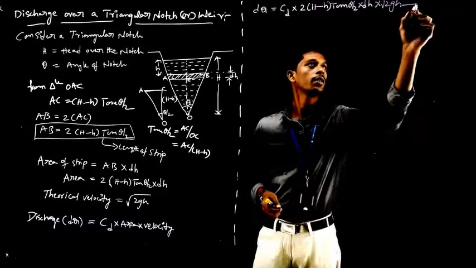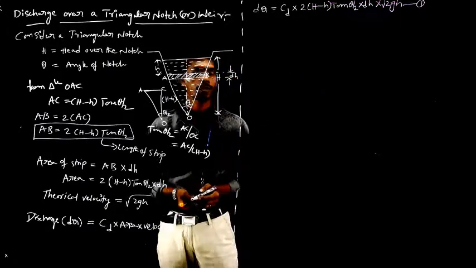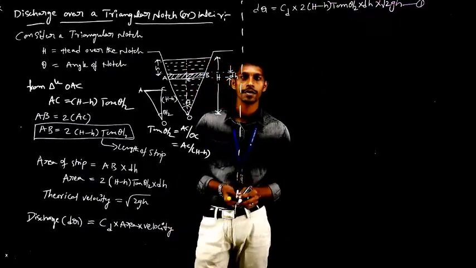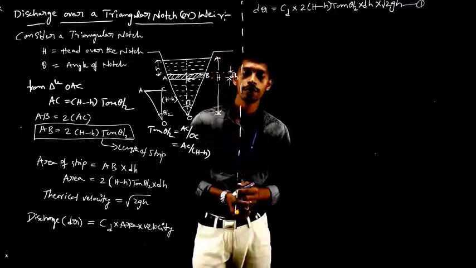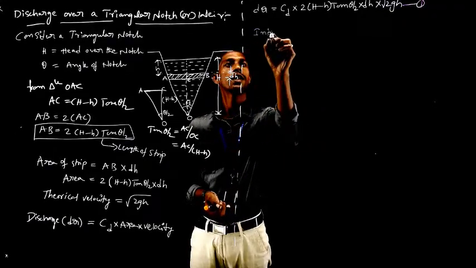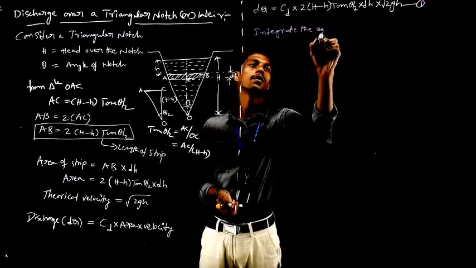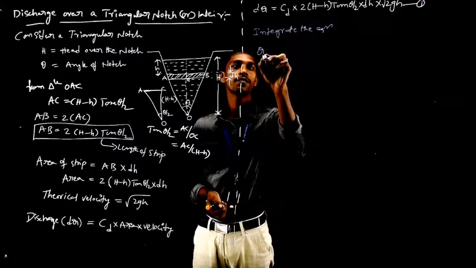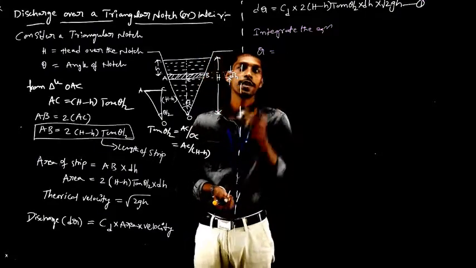Assume this is equation 1. I have got the expression for the discharge for the elementary strip. If I want the expression for the total amount of water flow, I need to integrate this equation, so all the elementary strips will be added.